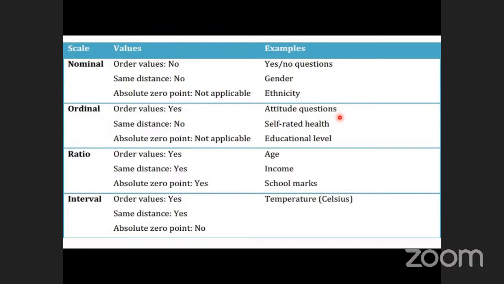Yes, and one of the vivid examples is always temperature, because it goes below 0. Yes, that's it. That's classification. Absolutely.